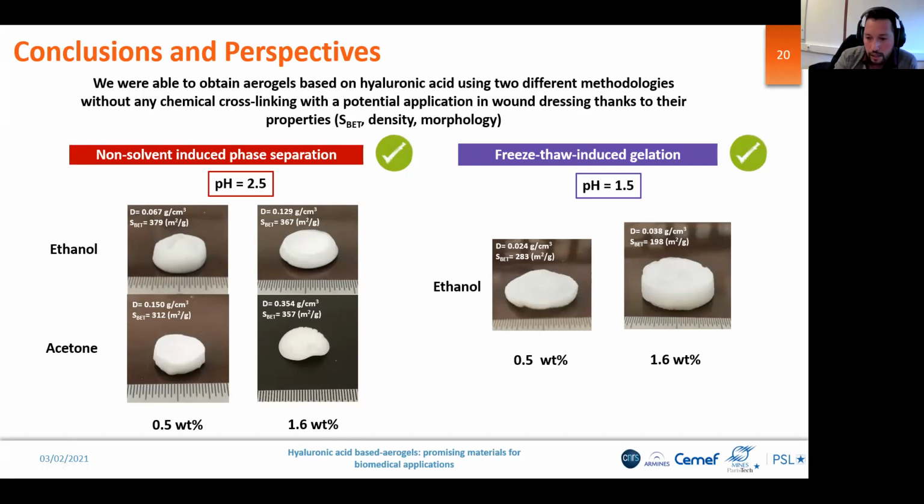And this material, after the analysis of the properties, has a potential use for wound dressing, especially taking into account the big surface area, allowing this material to be an excellent candidate for drug loading, and also to evaluate the gas absorption to be applied in the wound site. More particularly, like I said at the beginning in the objective, we started with 18 materials, and the conclusion was we got 6 materials that fulfill the requirements. They are aerogels with a nice density and high surface area.